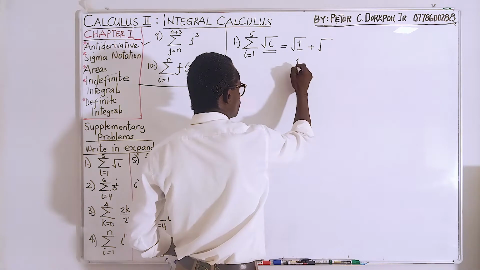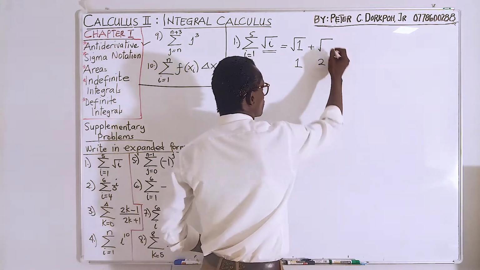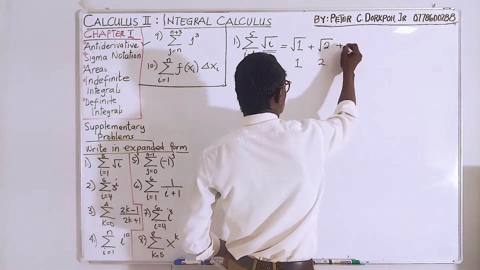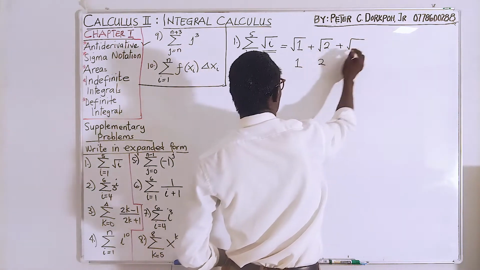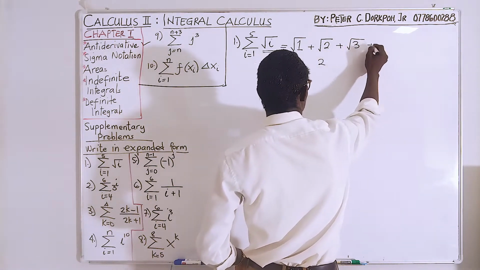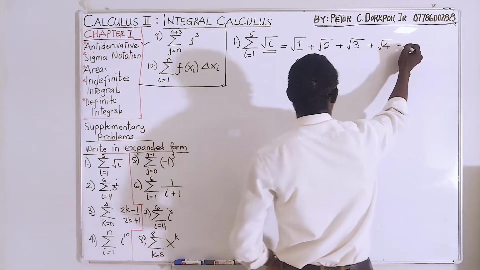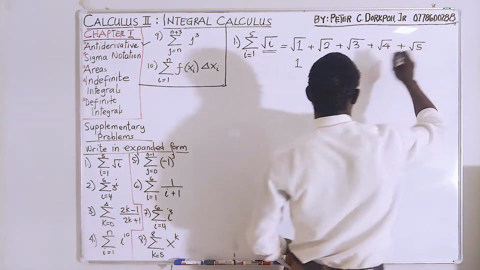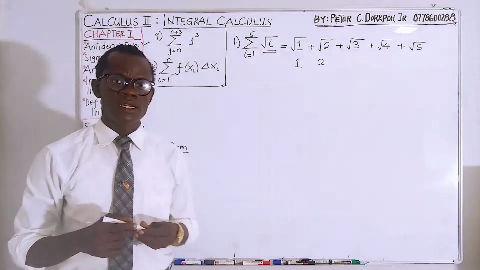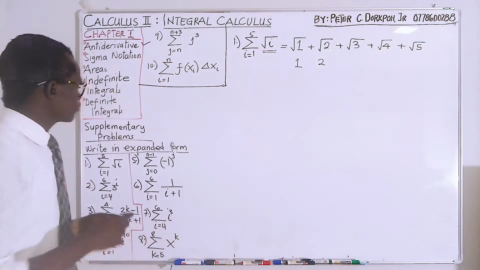From 1 we go to 2, plus the square root of 3, plus the square root of 4, plus the square root of 5. So we have written it in expanded form. We do the next problem.